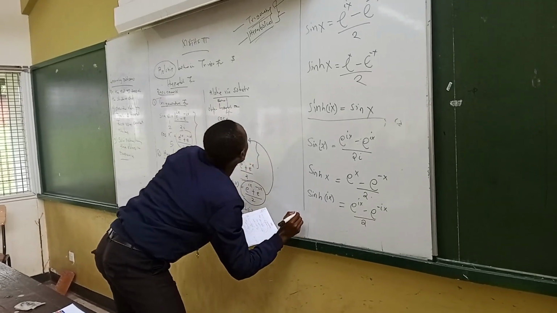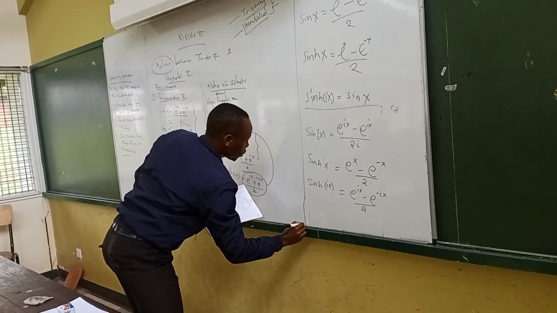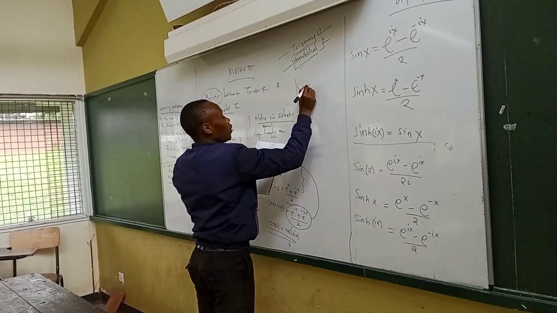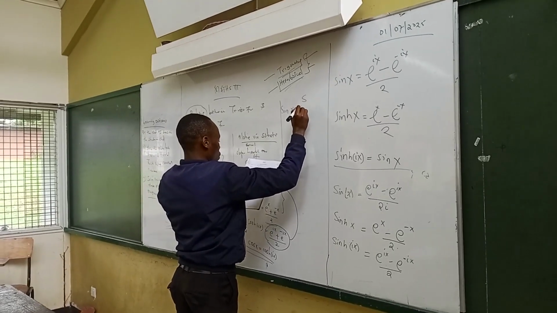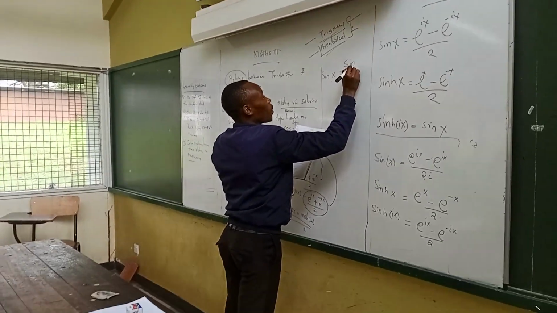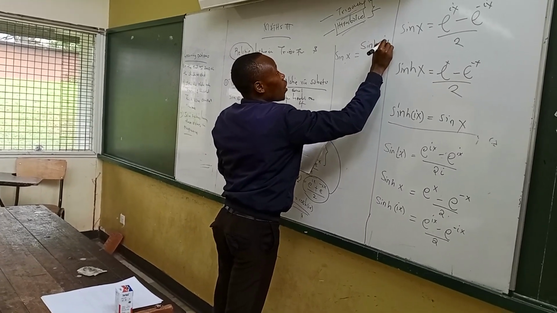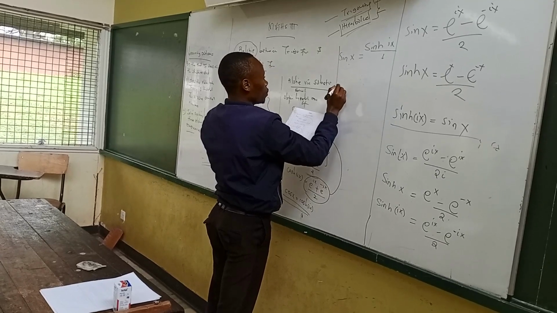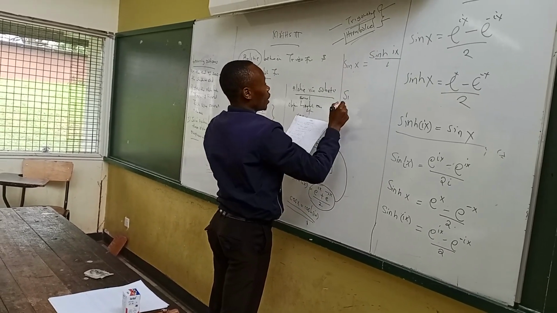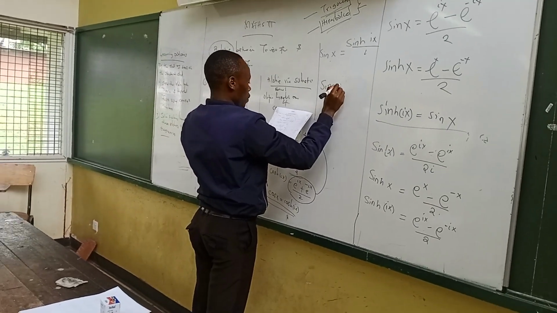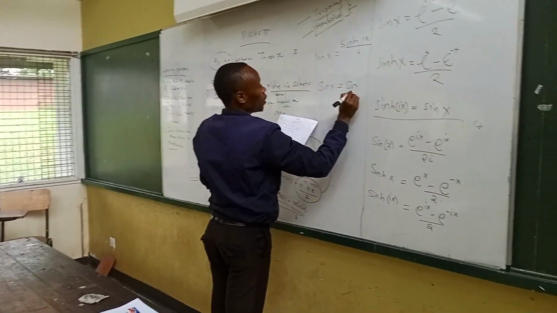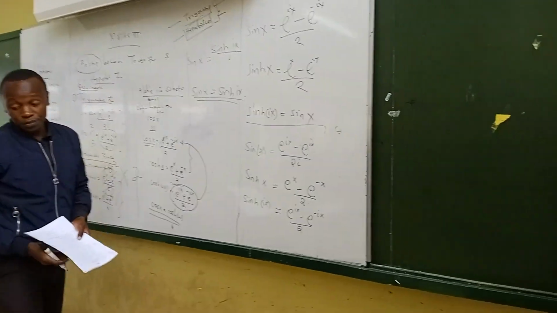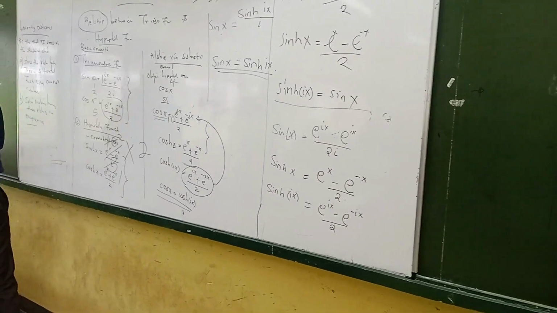So the one shows the relationship because that one will cancel. Sin of x is equal to the sine of ix. It shows the relationship. Good. Clap for him.